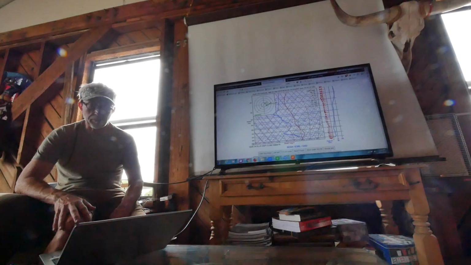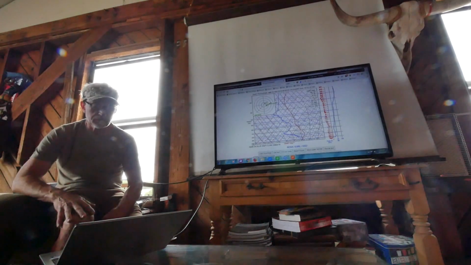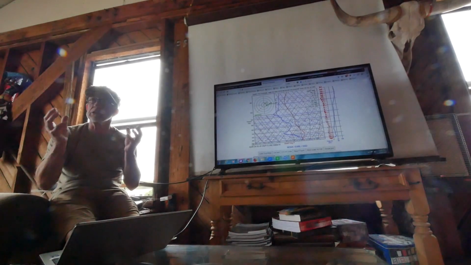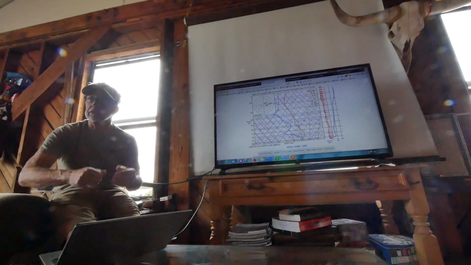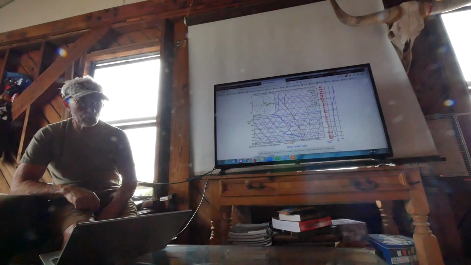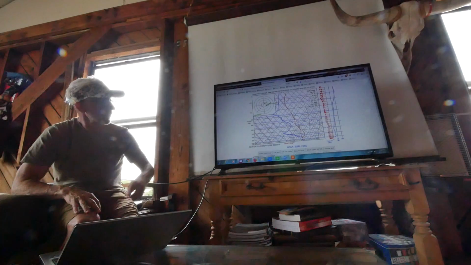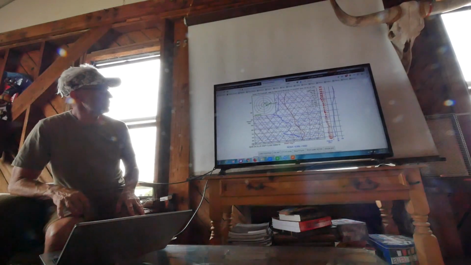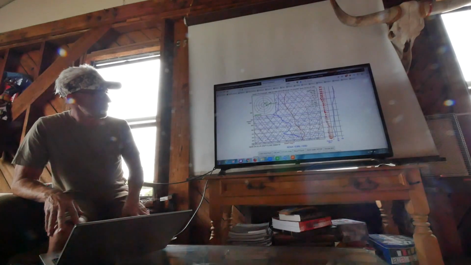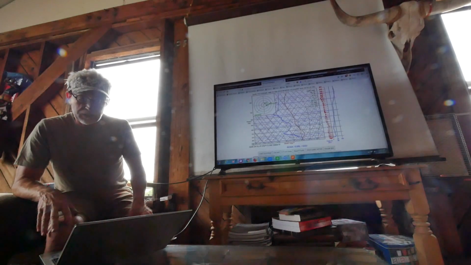This is the actual parcel, the actual environmental lapse rate, the actual information that was retrieved from the weather balloon, plotted onto this scale. In the upper left hand corner, you can see the wind speed and direction. I don't use that very much. Its wind is in knots. I look over at the right hand side where the flags are, and you can see the direction.